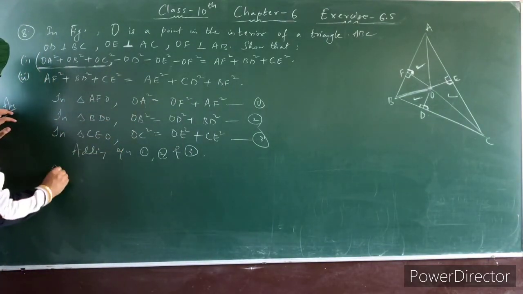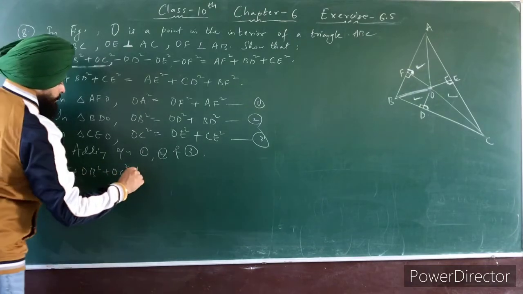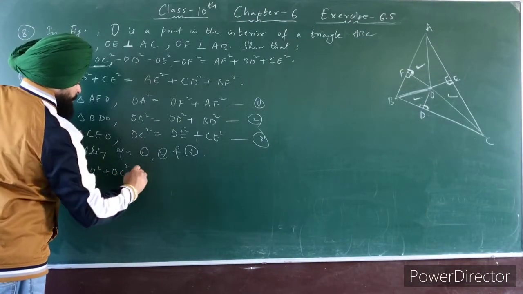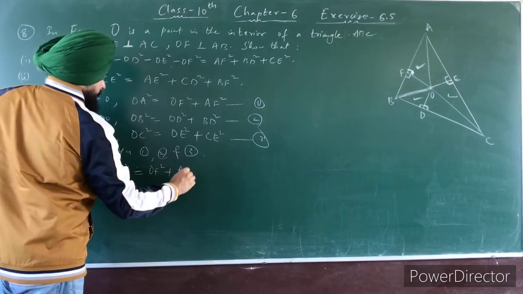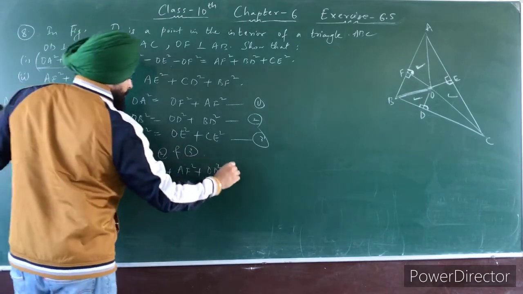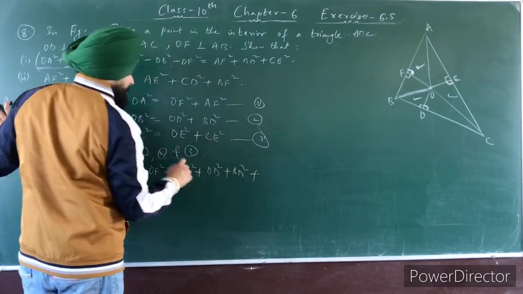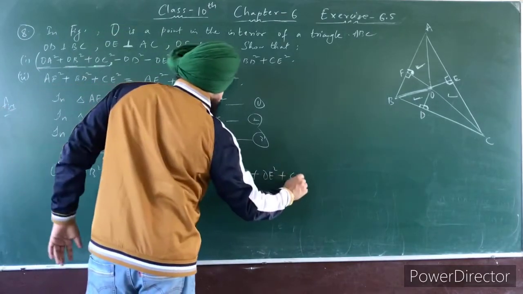So OA square plus OB square plus OC square is equal to OF square plus AF square plus OD square plus BD square plus OE square plus CE square.